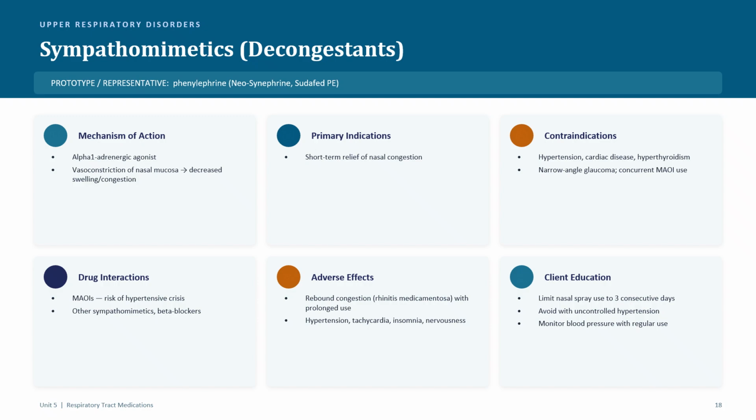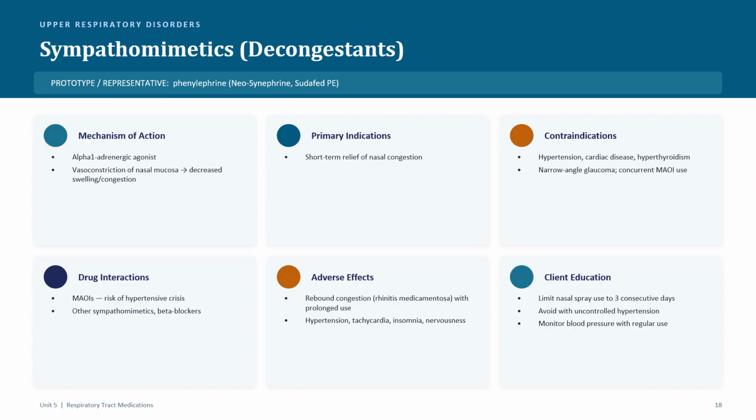So if you use a decongestant nasal spray for too many days in a row, when it wears off, the blood vessels rebound and dilate even more than before. That leaves the patient feeling more congested than when they even started taking the medication. And so, because they're now feeling more congested, that's going to tempt them to continue to use that medication, which is just causing this continuous rebound cycle.